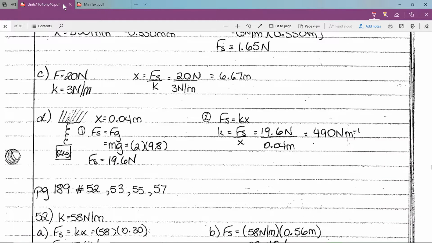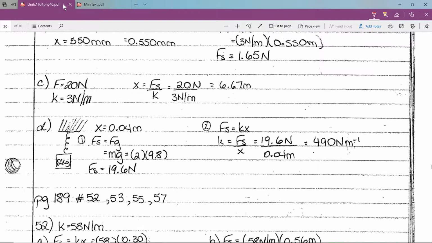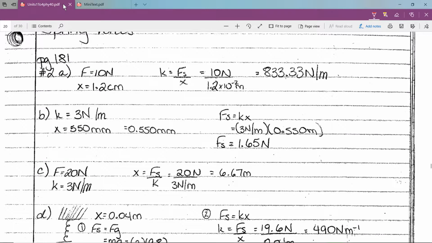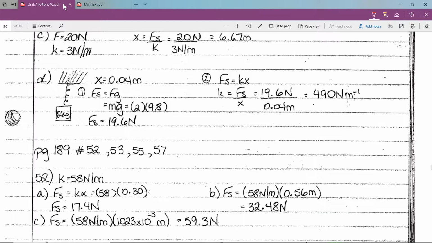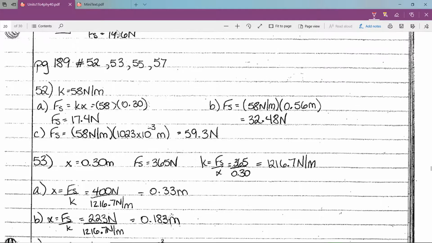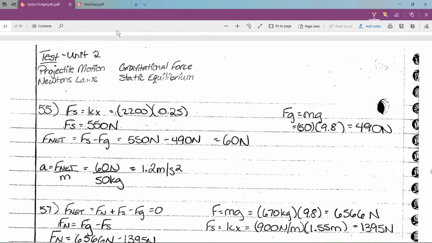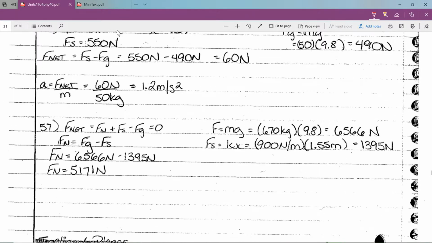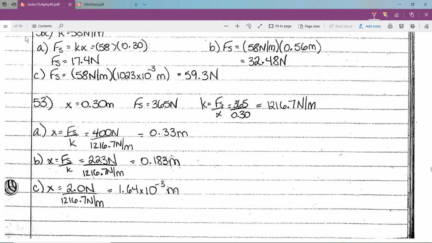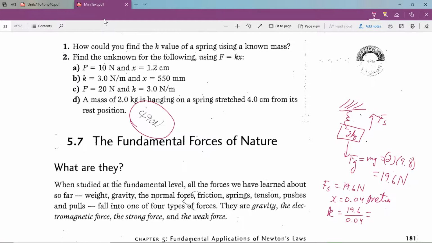So they're all examples of just isolating for F, k, or x given the others and just getting the appropriate units. Page 189, 52, 53, 55, and 57. There we got the answers in. Why don't we try one or two of those?